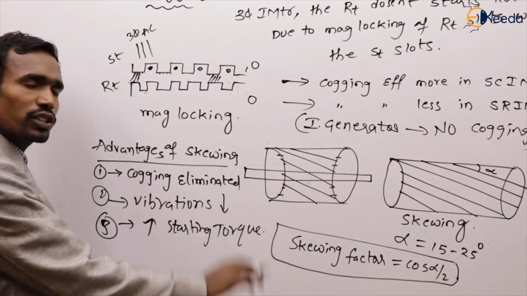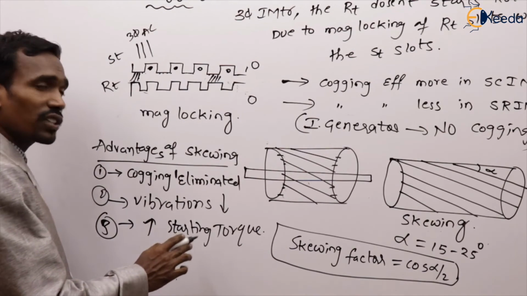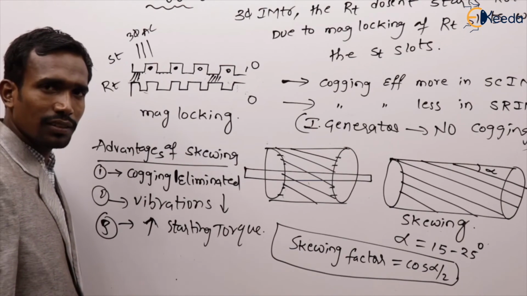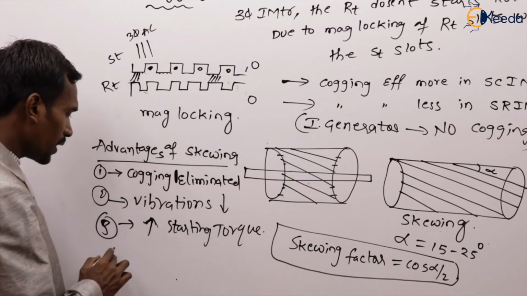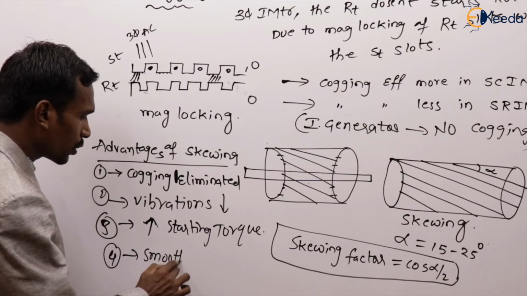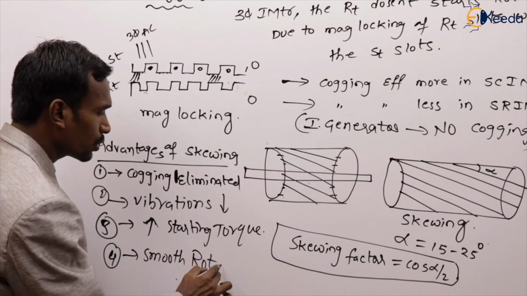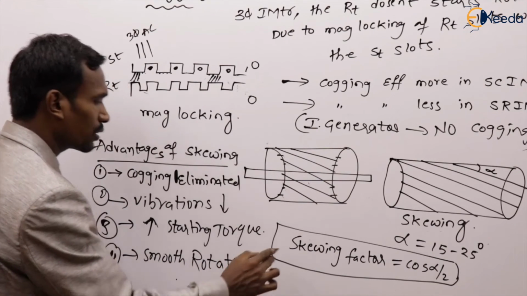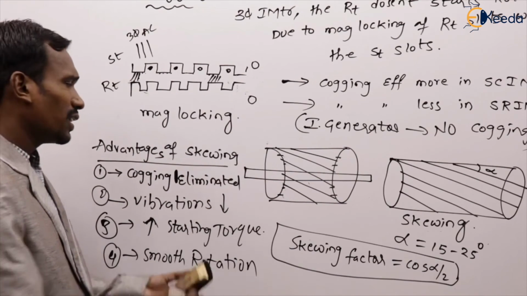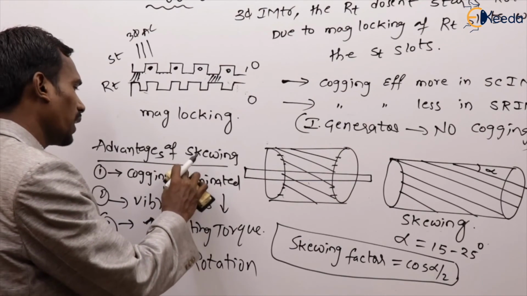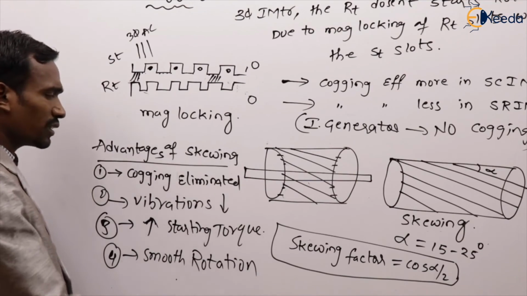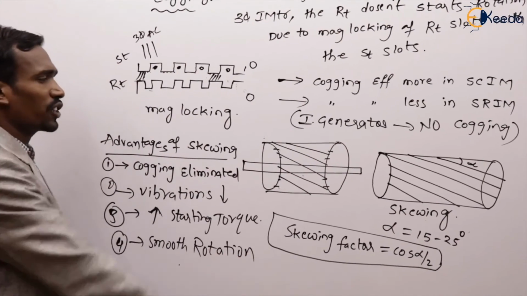And next one, smooth rotation is possible. These are the advantages of skewing: cogging eliminated, vibrations reduced, starting torque increases, smooth rotation is possible.